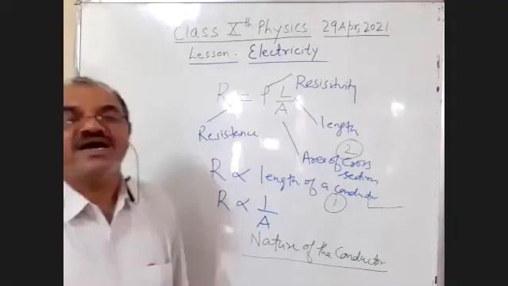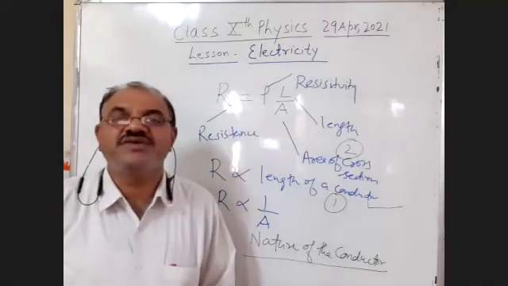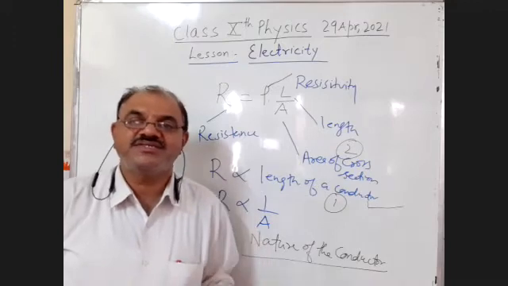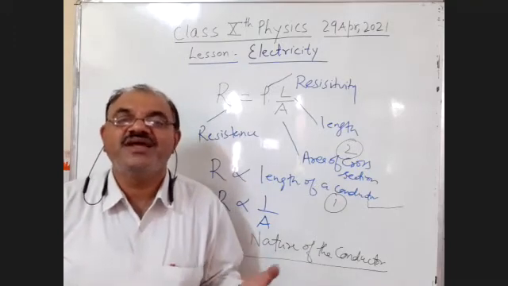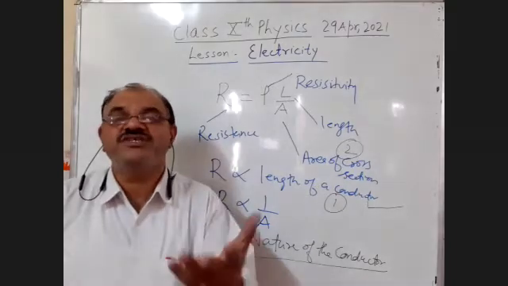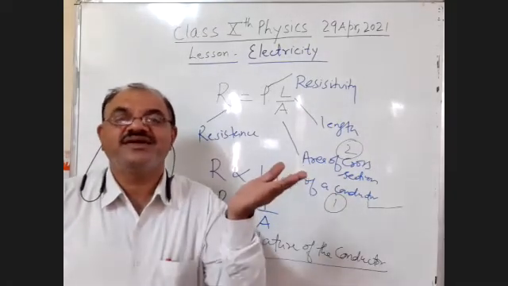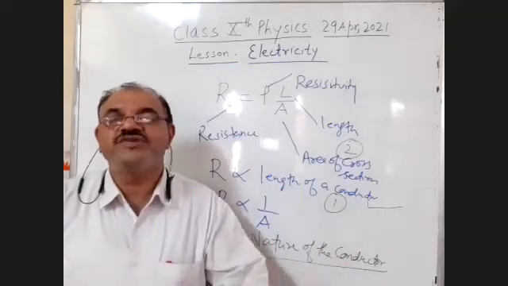I have already given you the definition of resistivity. Resistivity is the property of a material that tells how much it opposes the flow of electric current. If the resistivity is high, it will oppose the flow of electric current.